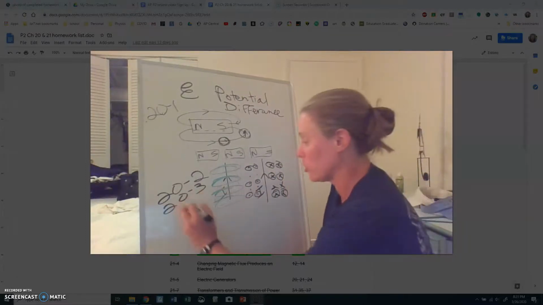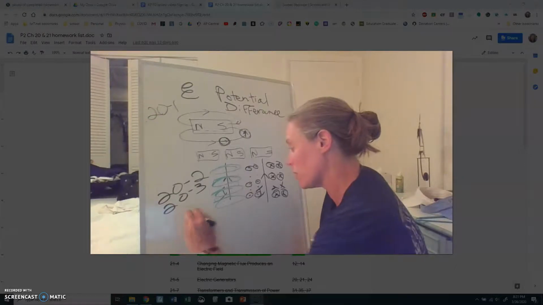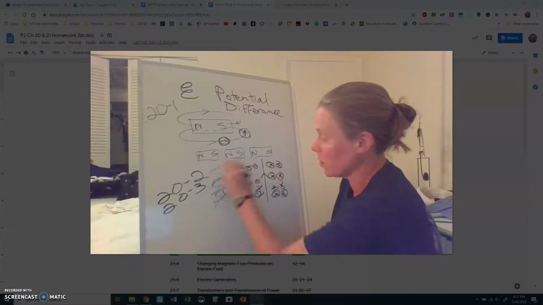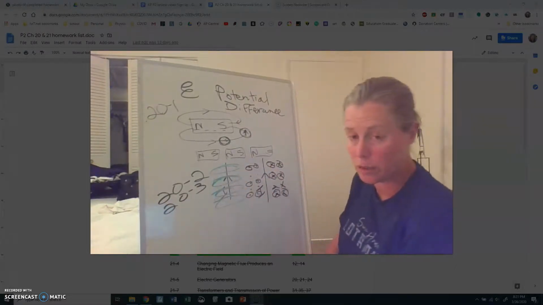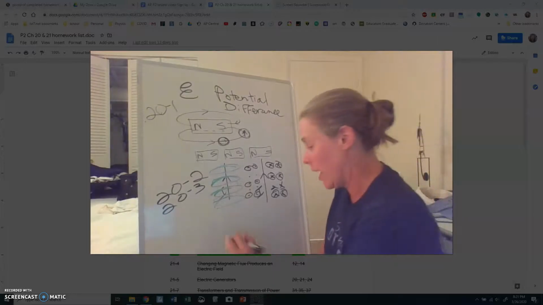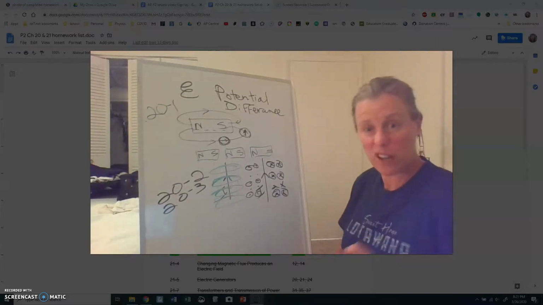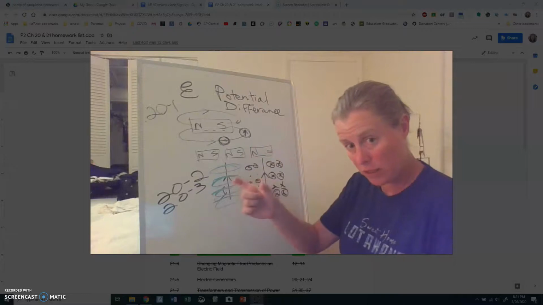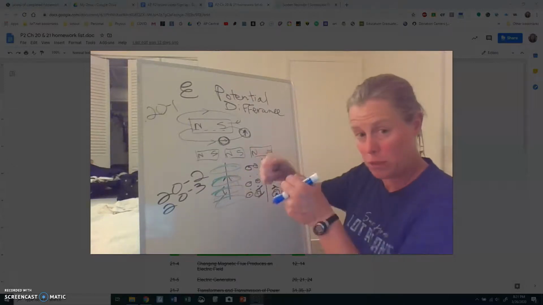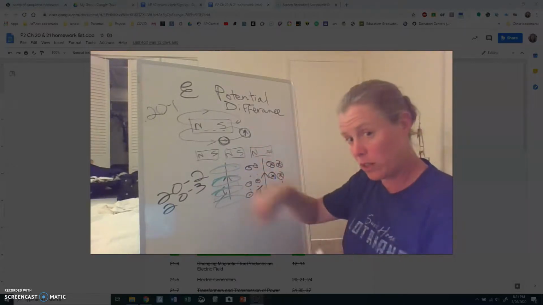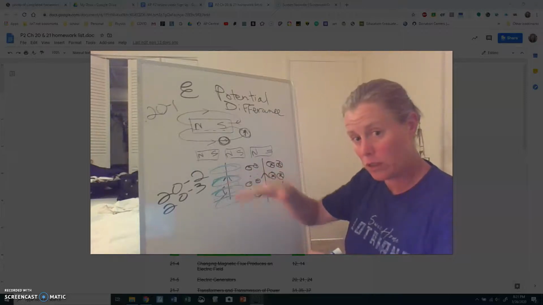So 20-3 is about the force. If I were to put this current carrying conductor within a magnetic field, then we get a force. And we did that. We had a little U magnet, and then we put some batteries and created a circuit, and we saw it kick out.